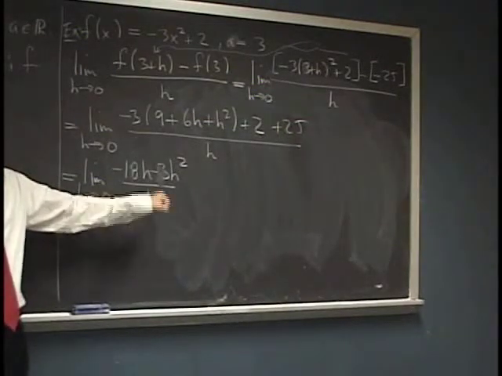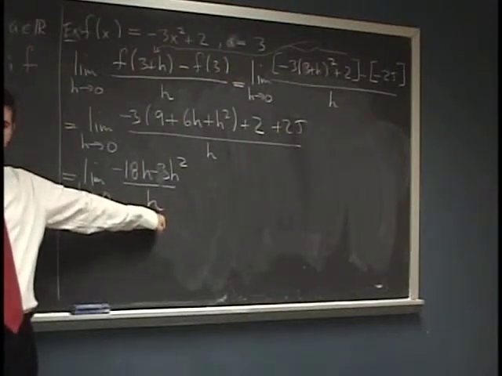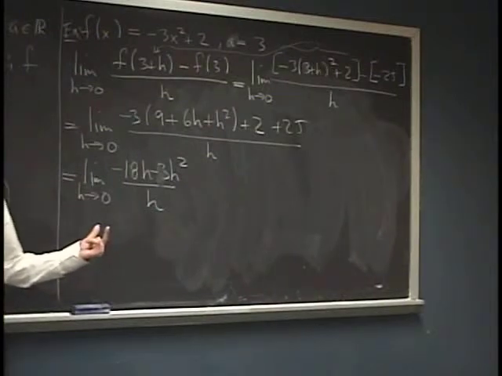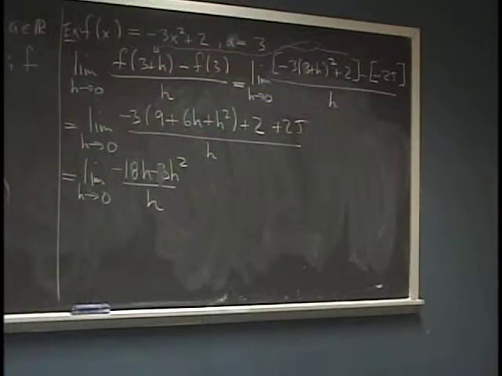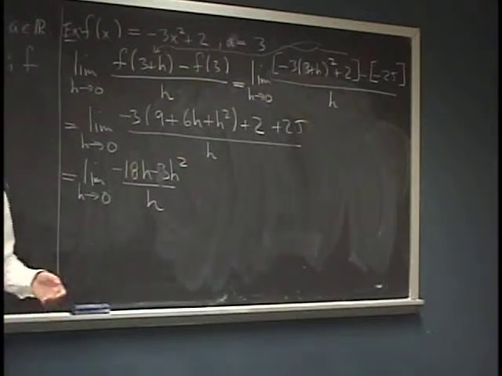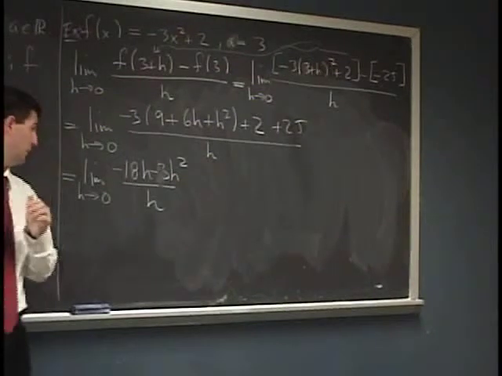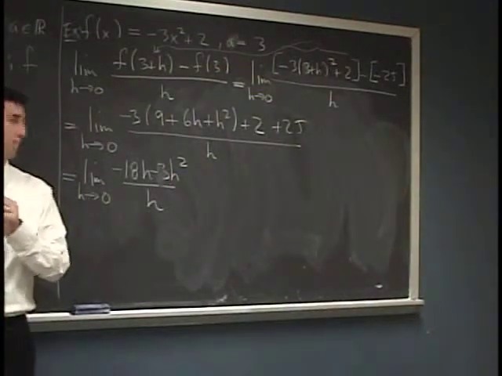You guys are all experts on what to do with limits that look like this now. We've been doing homework problems on it for a week, so what am I going to do? I'm going to take 3h out. You're going to take 3h out? No, take h squared out.